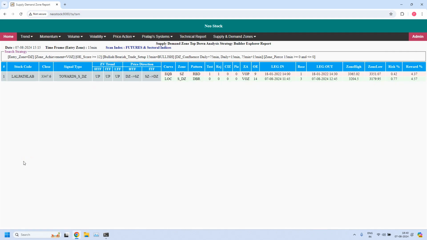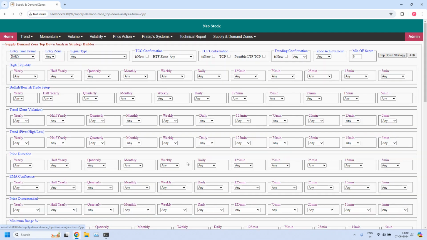So Lal Patla has confluence with the HTF also. So this is about daily income trade for the bullish trade setup. Next, let us look into the daily income trade bearish trade setup.